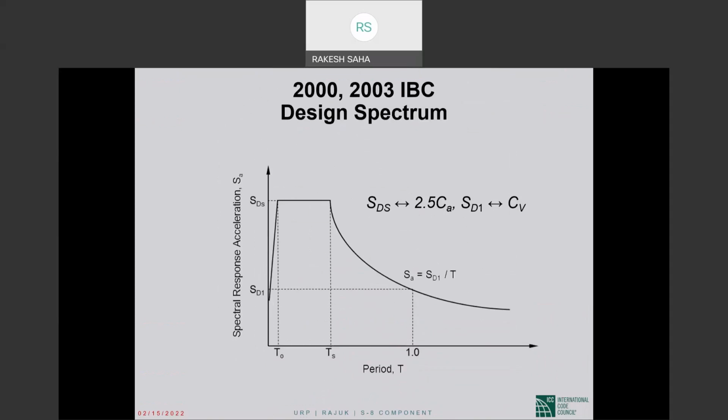97 NEHRP provisions abandoned that. In 97 NEHRP and in 2000 and 2003 IBC, and in all IBC editions since, the basis of seismic design was changed from ensuring life safety in the 500-year return period earthquake to preventing collapse in the so-called maximum considered earthquake.